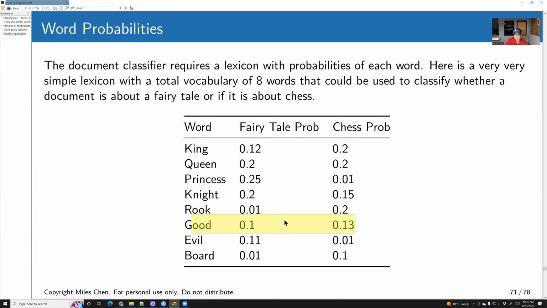You could have the good fairy or the good princess or whatever, and you might have the word good in chess if you're talking about a good move, right? A good play. Okay, whereas the word evil, we often have the evil queen or something like that in fairy tales, but the idea of something being evil in chess would be a little bit extreme to talk about. So anyway, these are the different lexicons that I have.